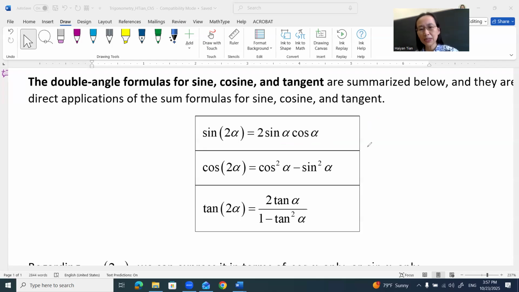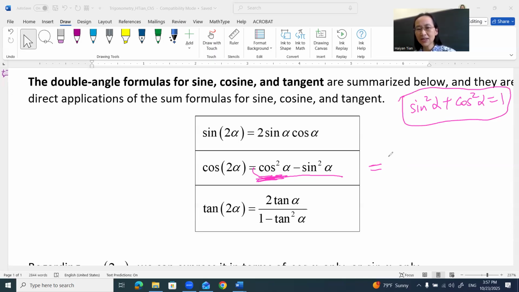So at this moment, recall that we can replace right here between sine and cosine. We want to, for example, use only sine. So use the Pythagorean identity, because with this identity we can replace the cosine square alpha using 1 minus sine square alpha.